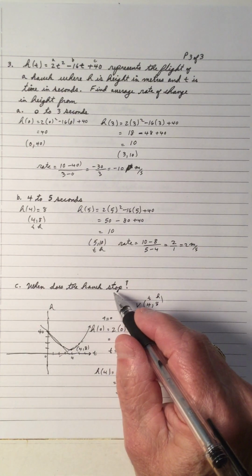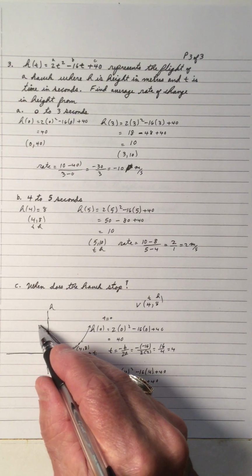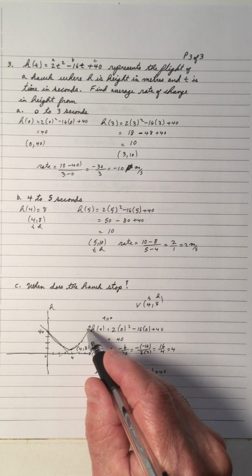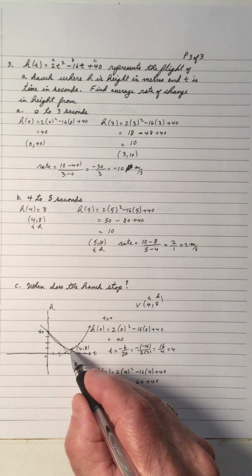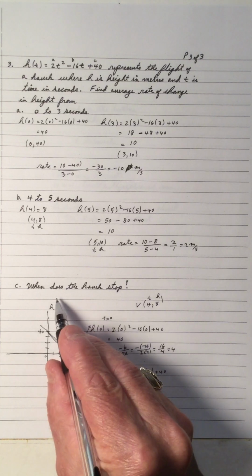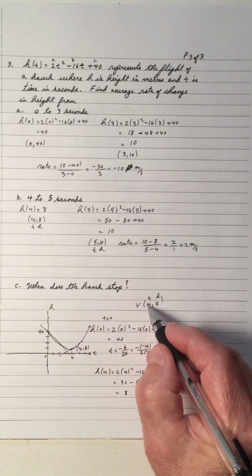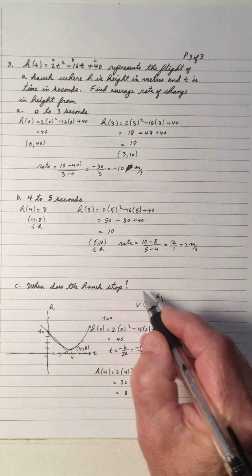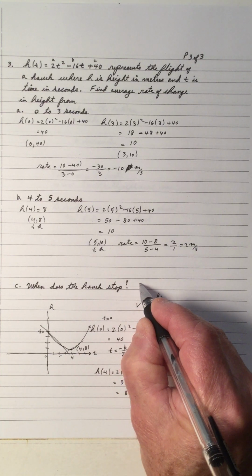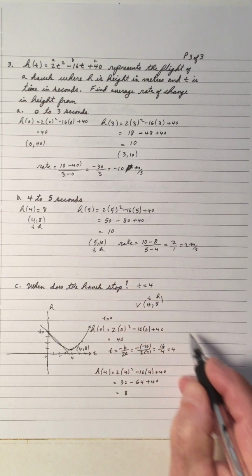And when does the hawk stop? Well, the hawk is going down here with a negative slope. The hawk is going up here with a positive slope. So in between the two, it's right here. The hawk will stop at its vertex, which is 4 comma 8. So at 4 seconds. So the hawk will stop when the time is 4 seconds.